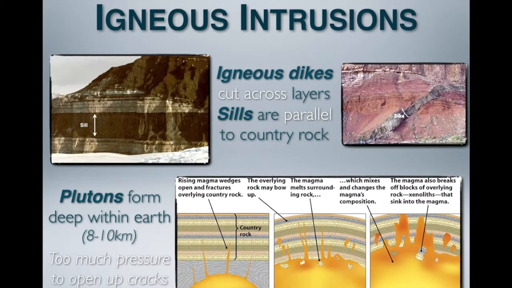And sometimes with dikes, they're cutting across the layers, so you get rocks that are relatively weak or easy to melt and create these pathways, or already have pre-existing cracks. So these are following the easiest pathways. Now plutons form really deep in the earth, about 8 to 10 kilometers.